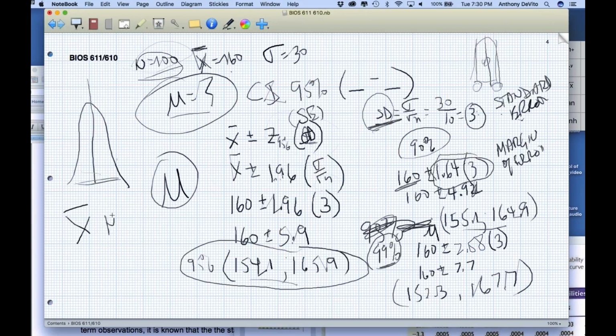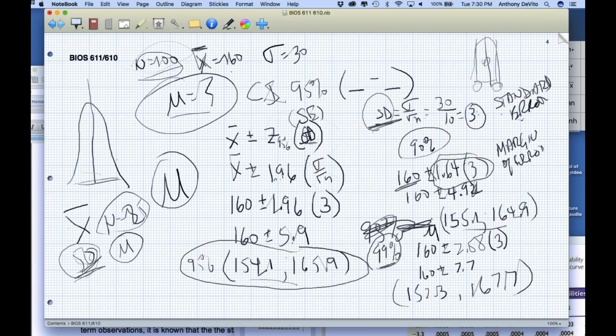Let's say we take a sample of size 25 and we get a sample mean of 50. Well, that's our sample mean. We're not interested in the sample mean. We're interested in what the population mean is.